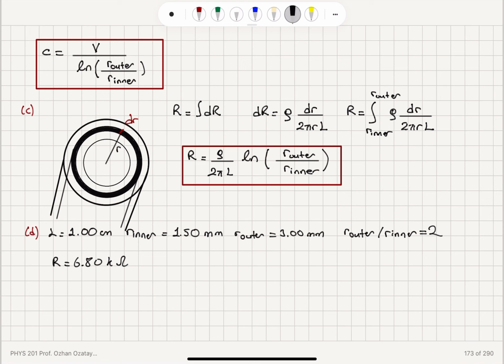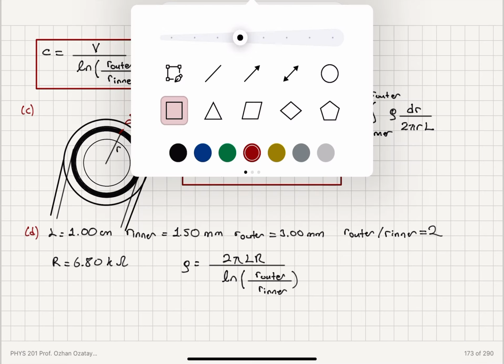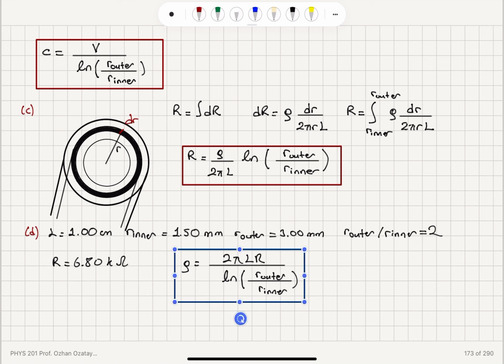So the resistivity rho we're looking for, according to the answer from part C, is 2 pi capital L, capital R, divided by natural logarithm of R outer divided by R inner, the R outer to R inner ratio. So this is what we're supposed to calculate for the resistivity, given that we are after 6.8 kilo ohms.